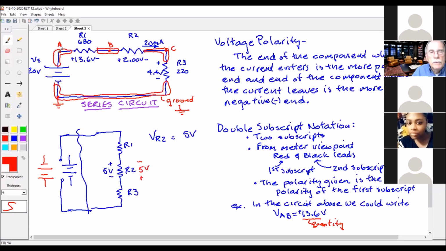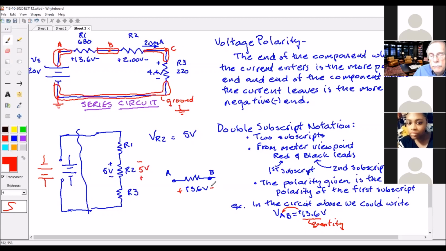So if I didn't have this circuit, I could sit here and go, okay, I've got this resistor connected between point A and point B. We know that the quantity of voltage is 13.6 volts, and we also know that the plus sign goes with the first subscript, which is A. So that tells me the plus sign is at the A end of the resistor, and therefore the minus sign would be at the B end.